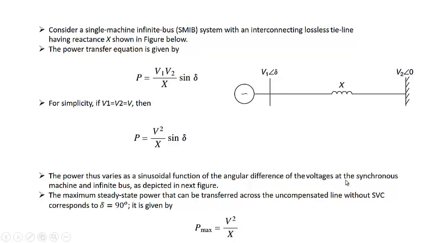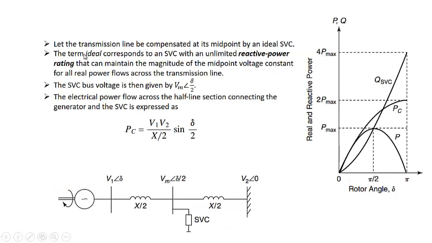When we use the compensated line, that is when we use a compensation at the middle of the line, and we are using an ideal compensator whose reactive power rating is infinite, whatever be the active power transferred from the sending end to the receiving end, the compensator's capability to supply reactive power will always be there, and it will always keep this midpoint voltage constant irrespective of the real power drawn.